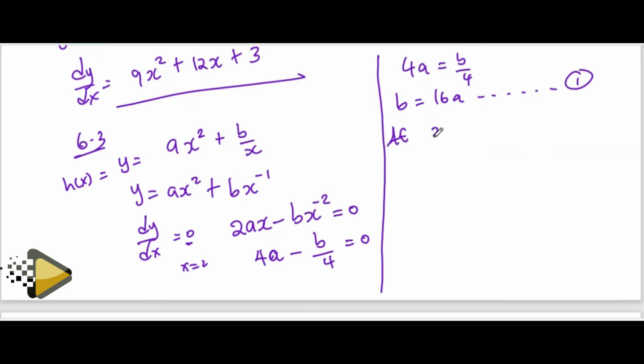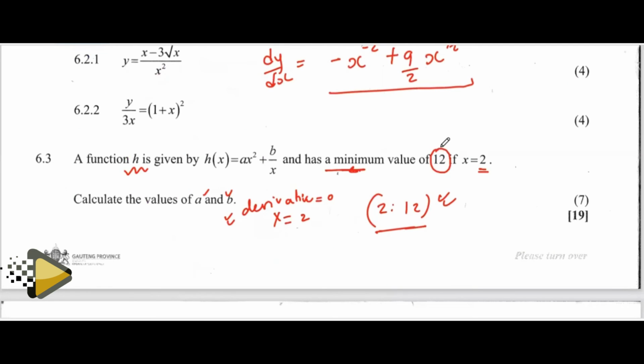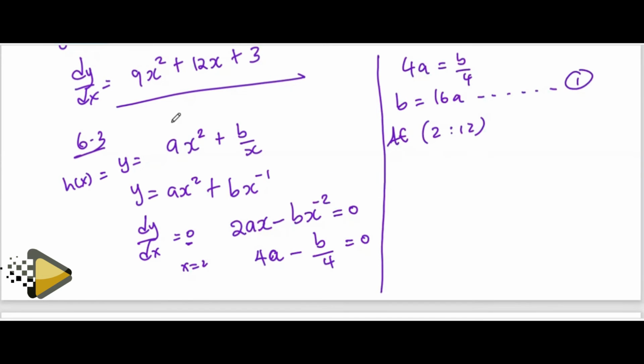Then at a point where x is a 2, y must be a 12. Okay, remember it's part of the graph, 2 and 12. So I'm going to substitute 2 and 12 into this equation. Where there is y, I replace with a 12. That's going to be a into 2 squared plus b over 2. Okay, so 12 is equal to 4a plus b over 2.